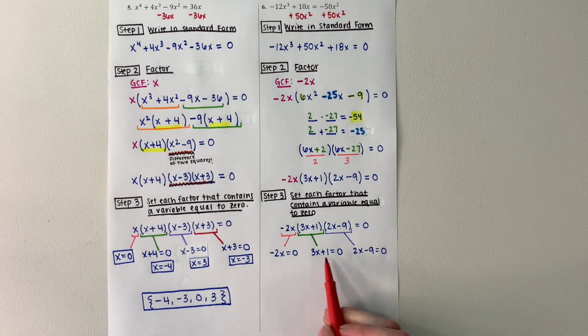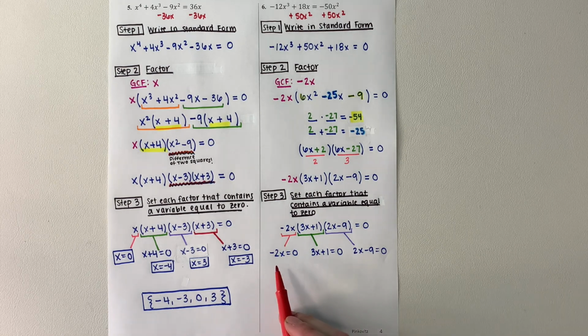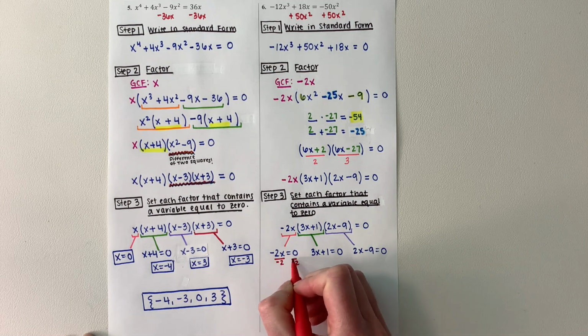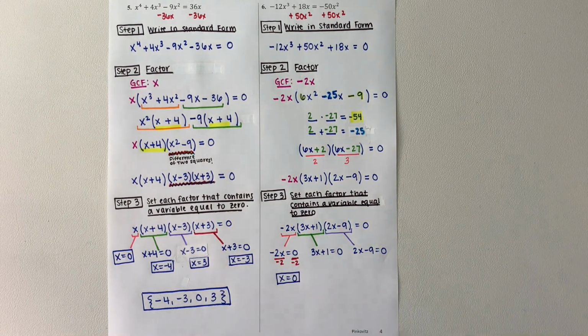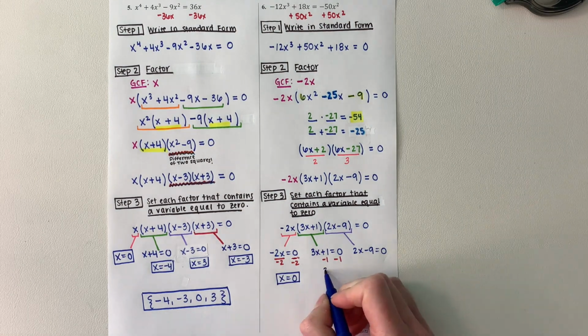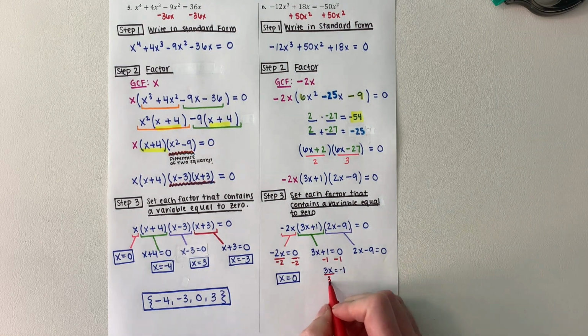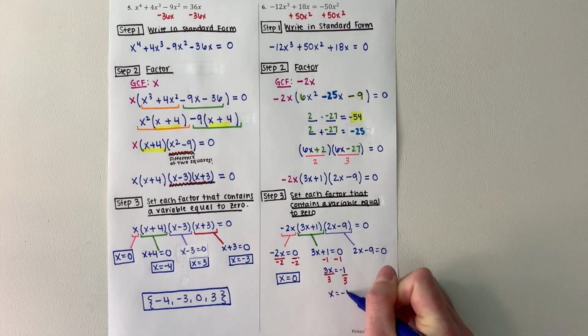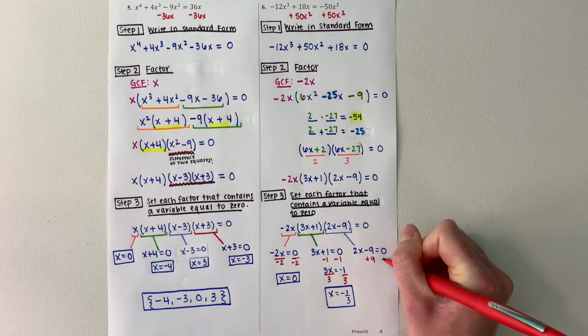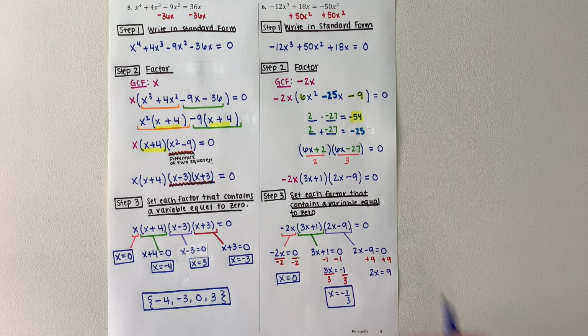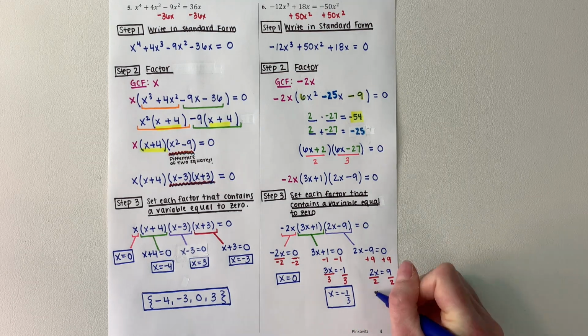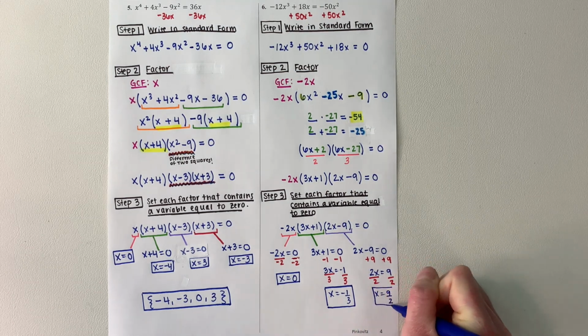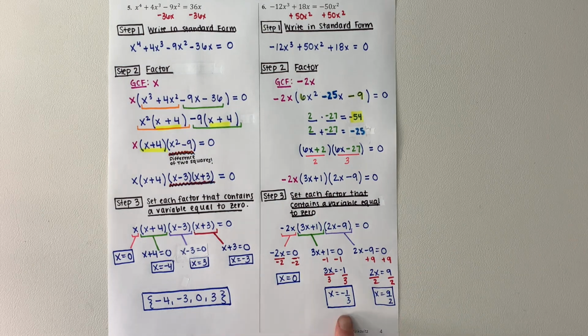Now that we've set each factor equal to 0, I'm going to solve these three equations. End up with these three answers. And if we write our answers as a solution set, our final answer would look like this.